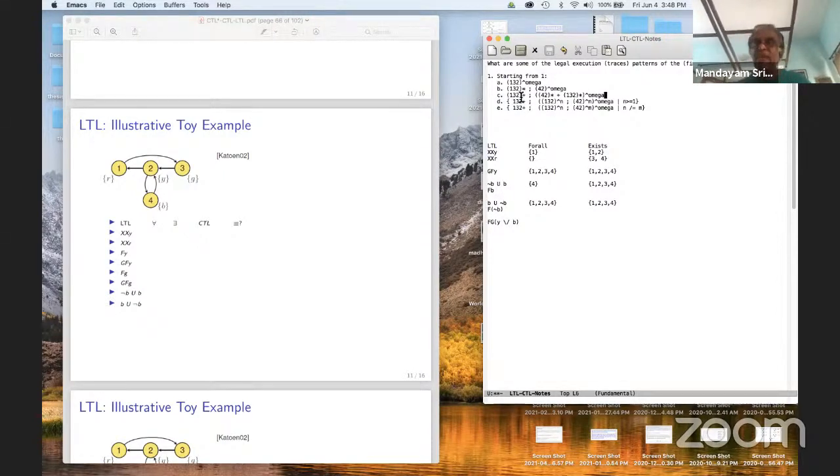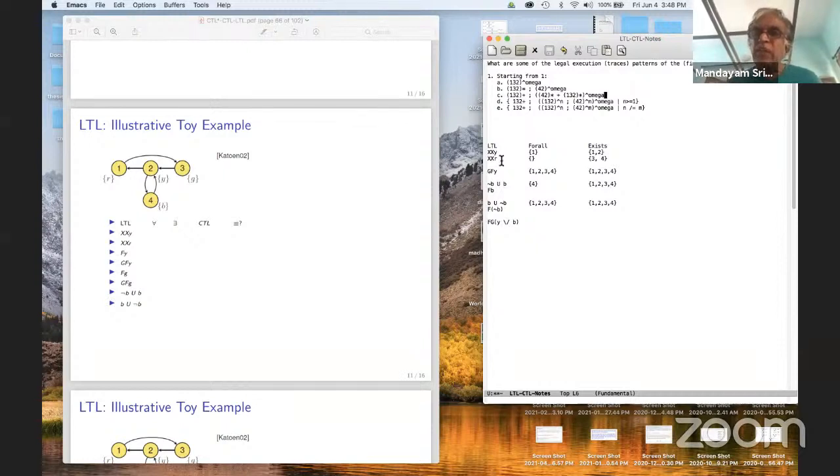While for C, you can have a formula. Acceptance I have not defined, but I've defined what it means for a formula to satisfy or not satisfy.